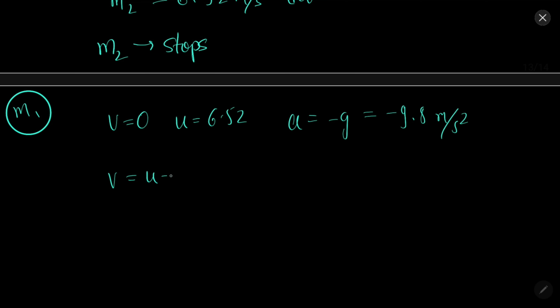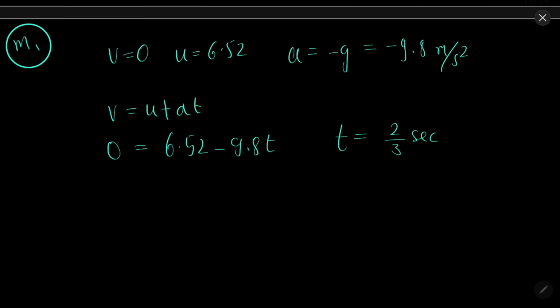So v equals u plus at, 0 equals 6.52 minus 9.8 into t. So t will come out to be 2 by 3 seconds. During this time, m2 mass will also start moving downward. So the string will become tight again after 2 by 3 seconds.